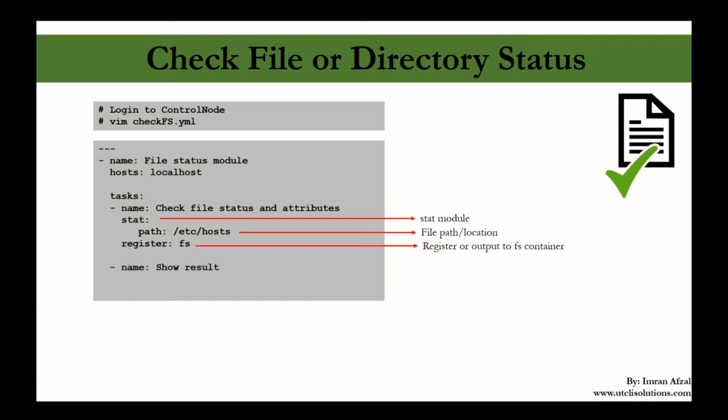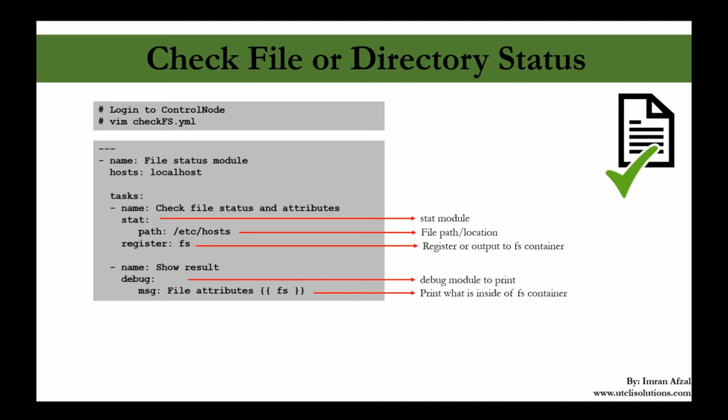So then we will use this debug module. Again, we'll specify the name: show result. Since you already did the stat on that etc host, and we put it into the fs container, now show that fs container. So we'll use the debug module, which is the module to print, and the message will be file attributes, and then we are going to show the result of our fs container.